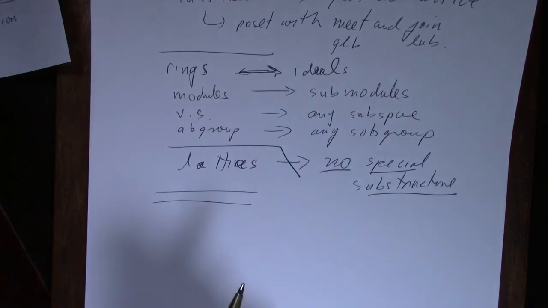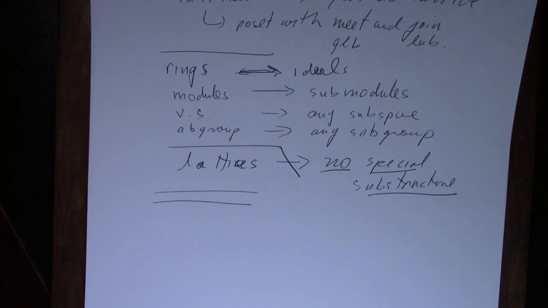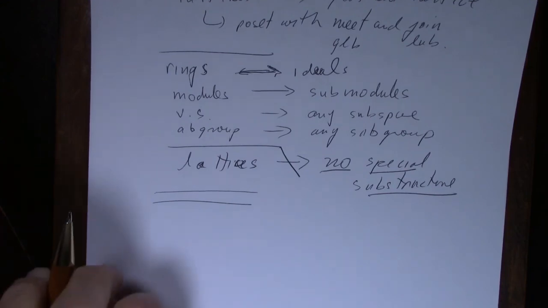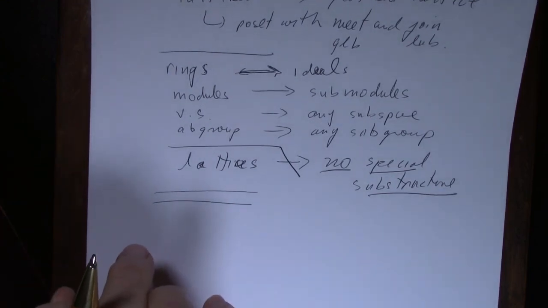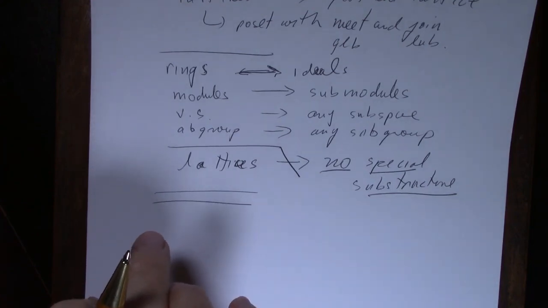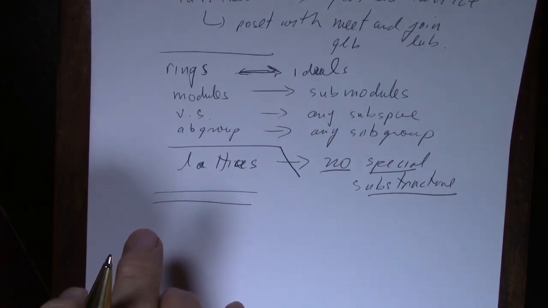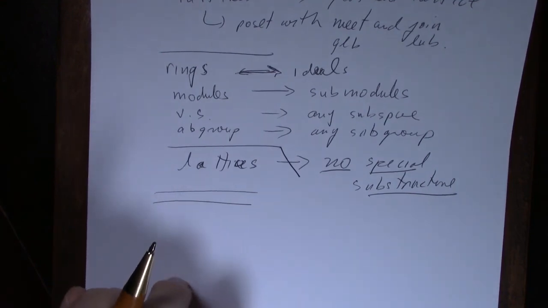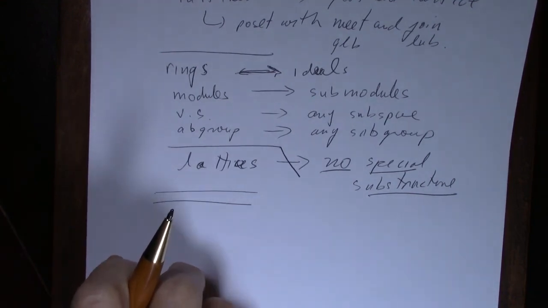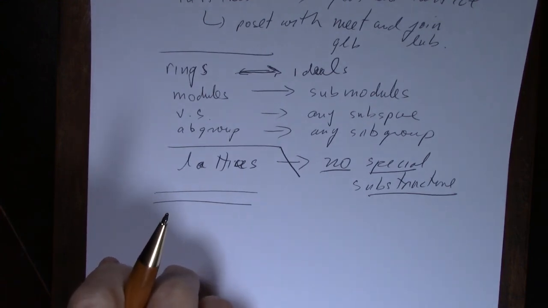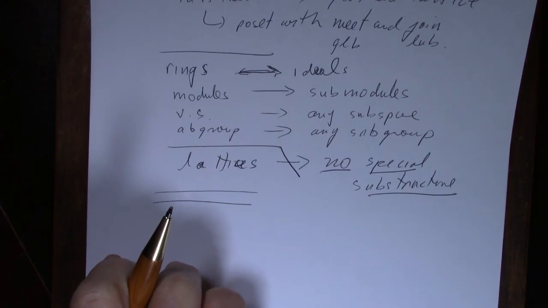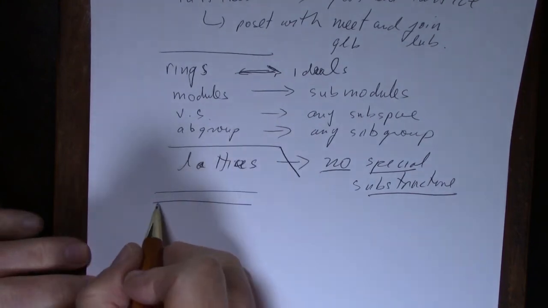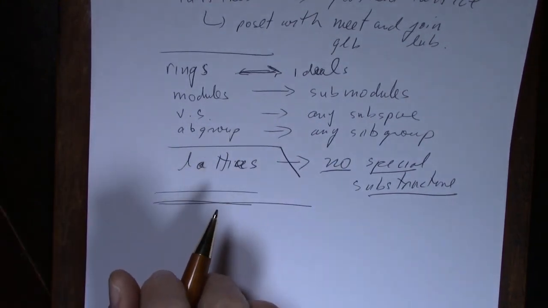And this shows one very important thing, and that is the notion of a congruence relation is more general, in some sense more important than the notions of these special substructures like normal subgroups, ideals, and so on. It's the congruence relations that make the connection with the quotient structures. It's the congruence relations on an algebraic structure that allow us to produce another new structure from an old structure.